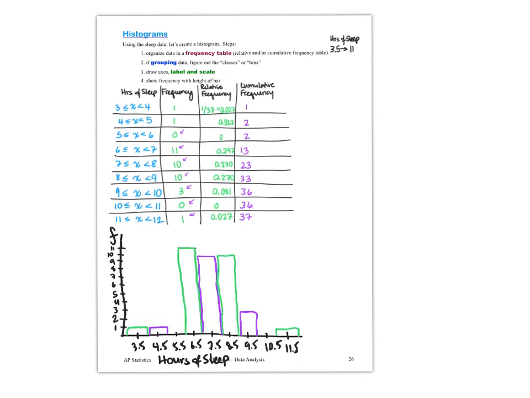You can see that I have drawn the bars in different colors just so that you can distinguish between them. We have a label for both of our axes. We are scaled on both of our axes, and we have drawn our bars indicating the frequency.